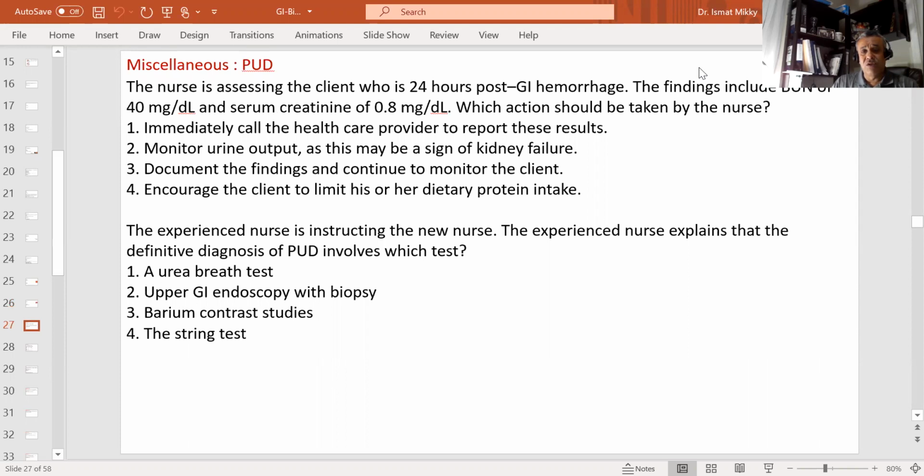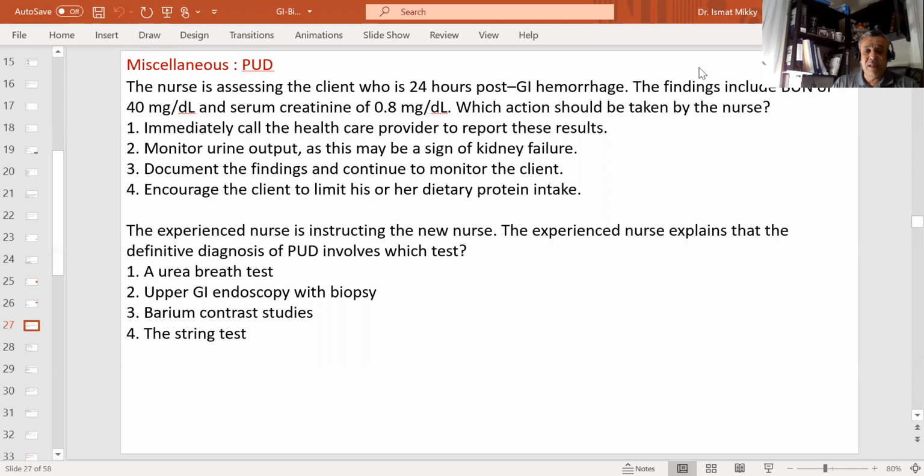Now miscellaneous questions. For this question, the answer would be to document the findings and continue to monitor the patient. The BUN can be elevated after a significant GI hemorrhage from the breakdown of blood proteins.